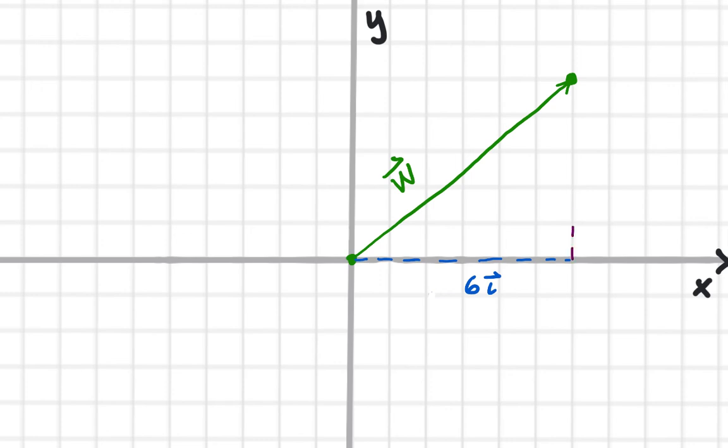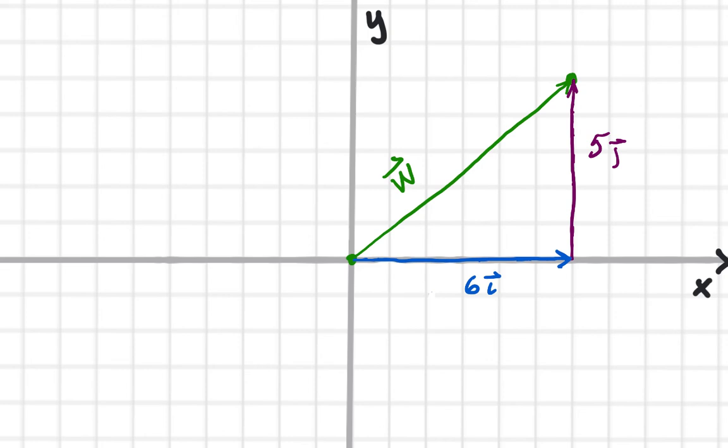And I can go up, how far? 1, 2, 3, 4, 5 times vector j. So I have this vertical component of my vector w, and I have this horizontal component of my vector w.